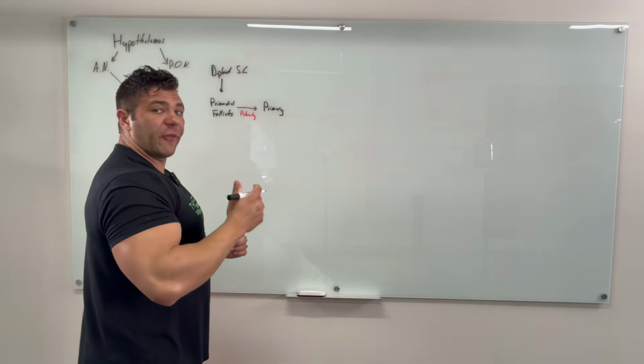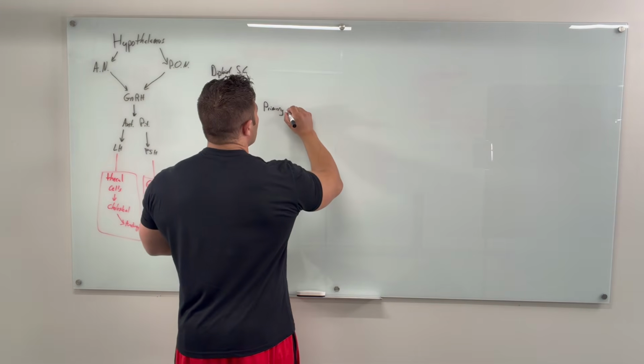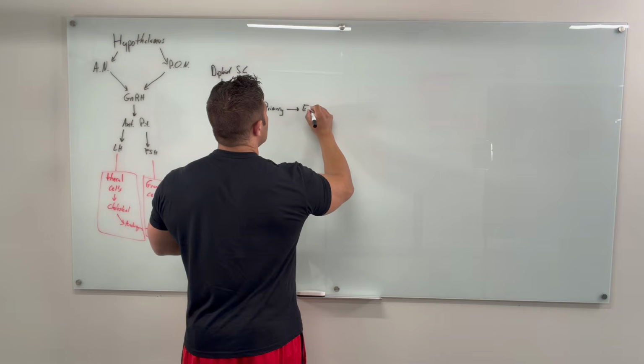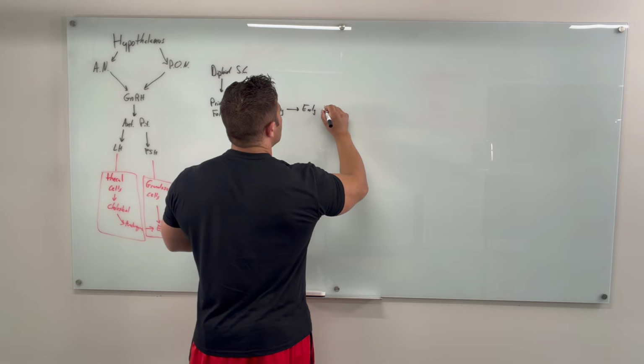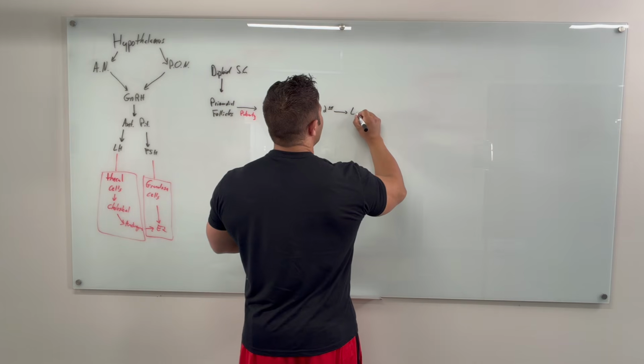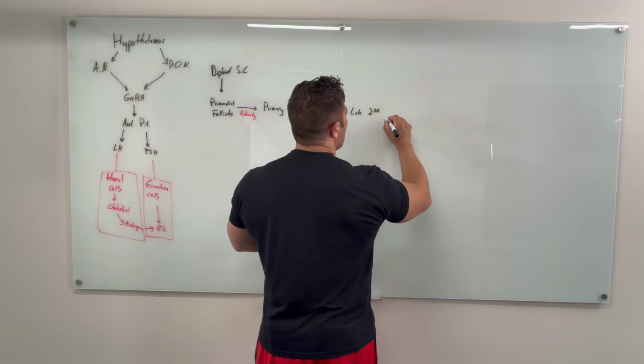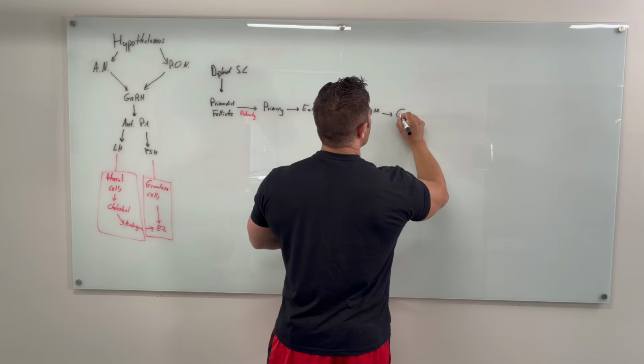Now, from that primary follicle, we have a whole maturation phase that we'll illustrate here in a second that'll go into an early secondary follicle to a late secondary follicle and all the way to what we care about the most, a Graafian follicle.